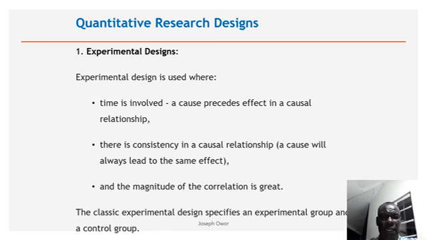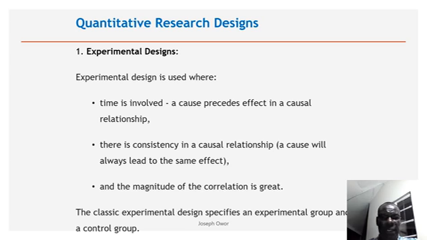And thirdly is the magnitude of the correlation is great. Before you do an experimental design, you must have some background knowledge that there is correlation between those variables that you want to experiment on.